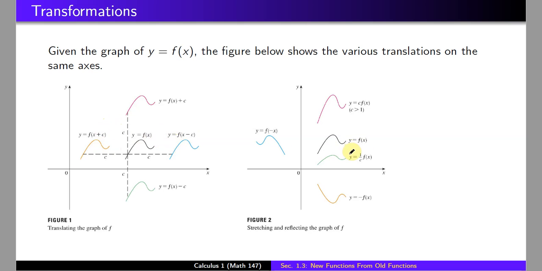And then we have the stretches and shrinks over here, or I guess stretching and reflecting. So the reflecting we already talked about, but the stretching and shrinking vertically is if you're multiplying by c outside, depending on whether c is bigger than 1, or less than 1, then it's going to be shrinking things.